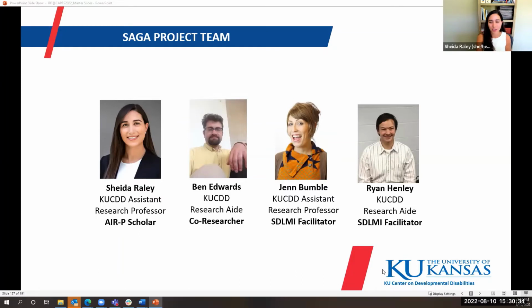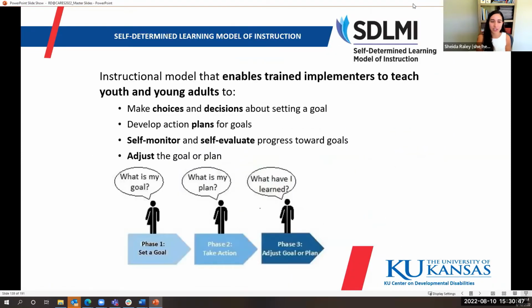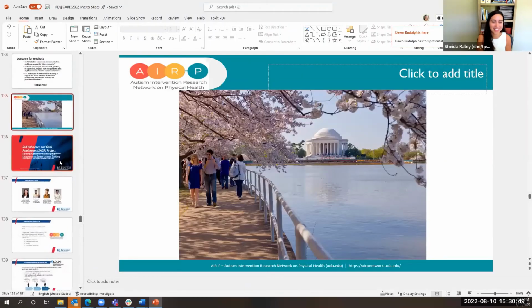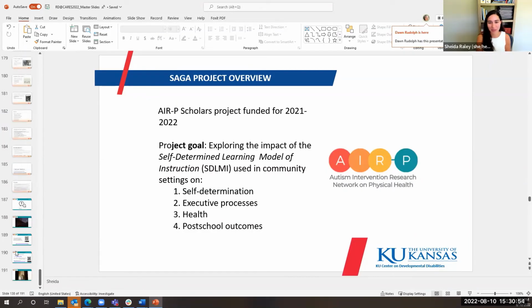As I mentioned, this project is really exploring the impact of a self-determination intervention, called the Self-Determined Learning Model of Instruction. We are looking at the impact of this intervention on self-determination, executive processes, physical and mental health outcomes, and post-school outcomes. I'll just continue going while the slides are worked on.